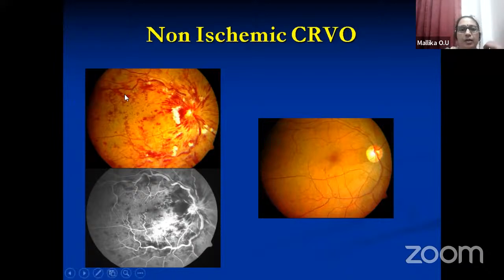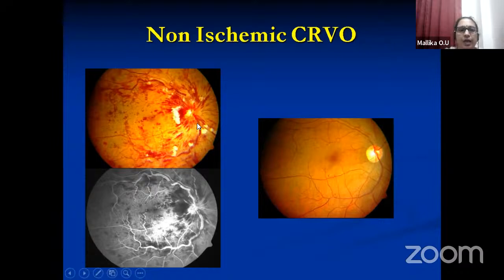This is actually this case resolved to this stage, but you can see the optic disc is like this normally also. But in patients with the non-ischemic central retinal vein occlusion, you can see any fundus we describe in terms of optic disc, the size of the disc, the shape of the disc, margins, whether it is edematous, and the retinal vessels and the entire retina.